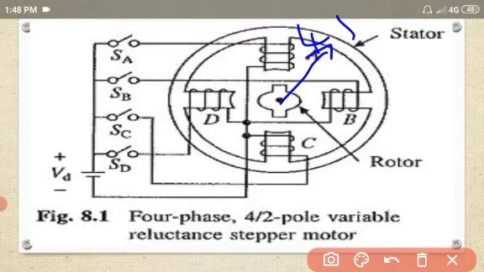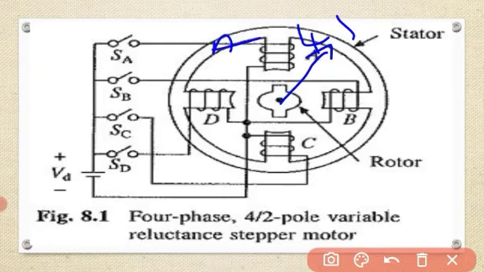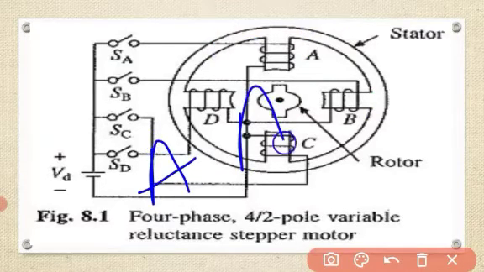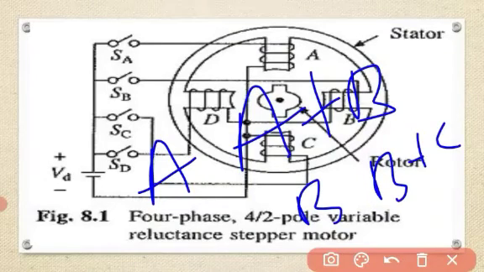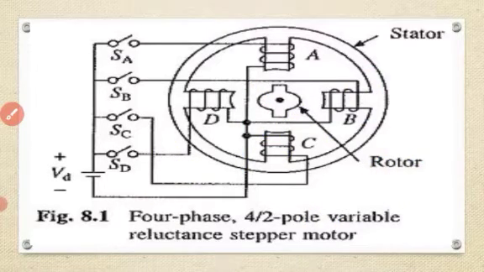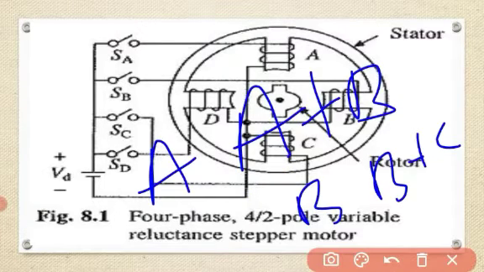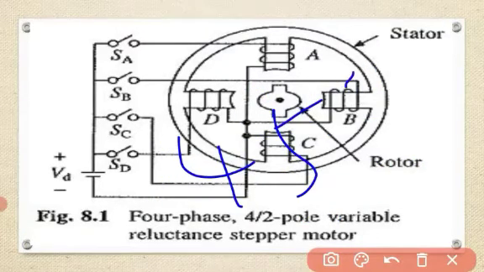Okay, so the excitation is A plus B. I am not de-energizing; A plus B I will write here. Similarly, next I will go for B plus C. Next 45 degrees, C plus D. Then next D plus A. Like that, if I am exciting the stator poles, then the rotor takes 45 degrees in each step.